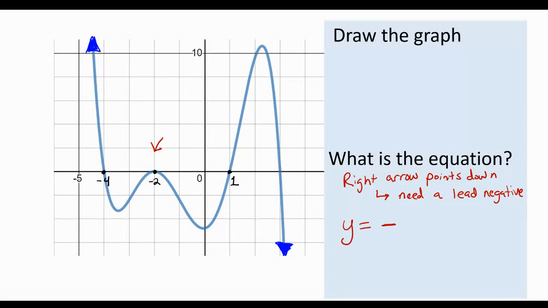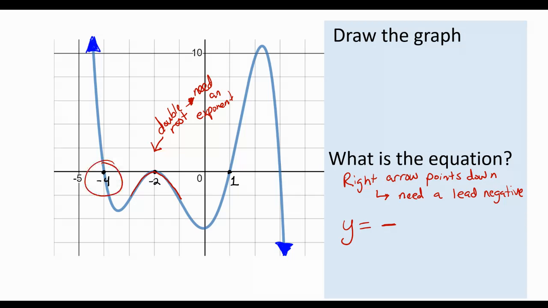We also right here have a double root. And you can tell because the graph comes up, touches, and comes back down. So we need an exponent there. So that's where the double root is, and that's why we need an exponent.